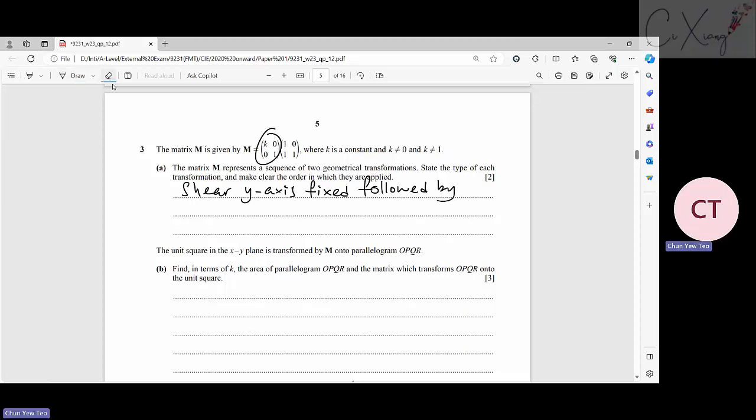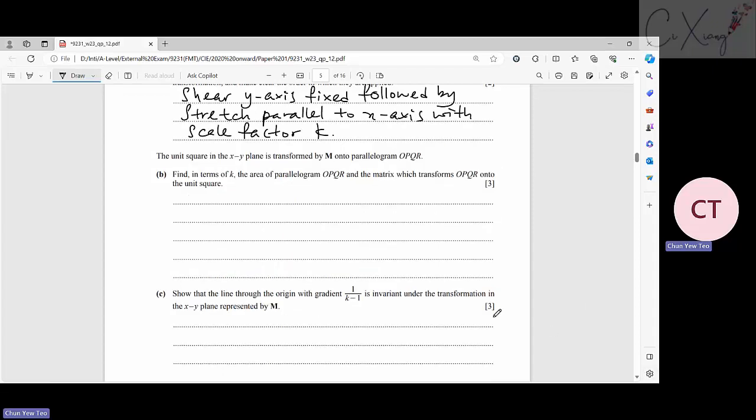This one is the stretch parallel to the x-axis with a scale factor of k. So followed by stretch parallel to x-axis with scale factor k. Just like that, done. This will be the answer for part A.